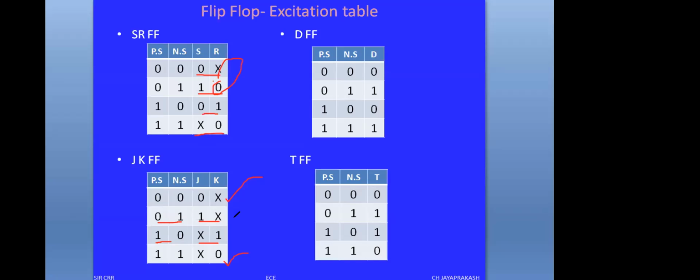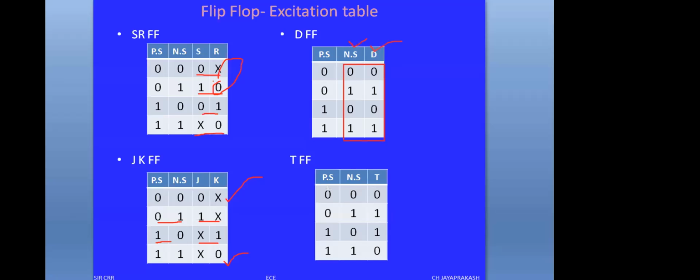Okay, these are the excitation tables for SR and JK. Whereas for the D flip-flop, if you observe the present state, next state, and D, the next state is equal to D. These two are identical.